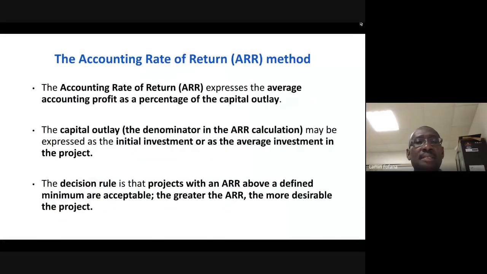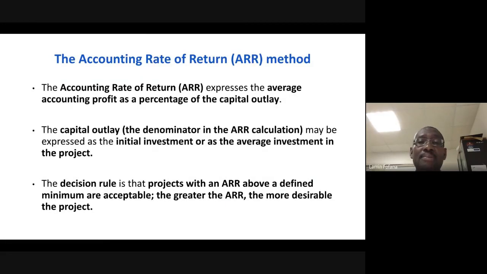That is, when we use accounting profit, we're going to have problems. What problems? Accounting profits are not reliable, to be honest, for decision making. Why? Well, I'm an accountant. I know what accountants can do to get their profit. Of course, we are guided by rules and regulations.